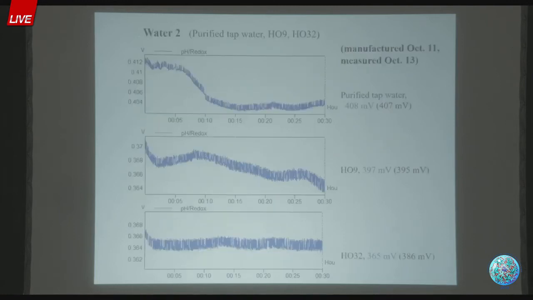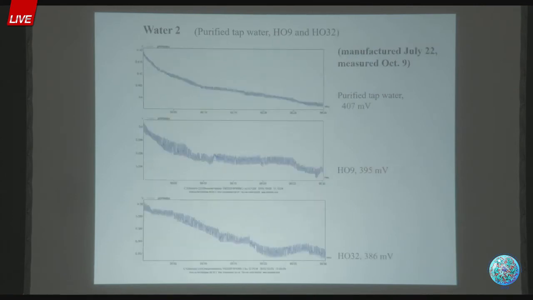And water 2, HO9 and HO32, starts from 407 to 395 to 386, so it's continuously decreasing. Water 2 was also measured more than two months later and still shows lower oxidation reduction potentials, 407, 395, 386. The control water was also saved for two months at the same time.